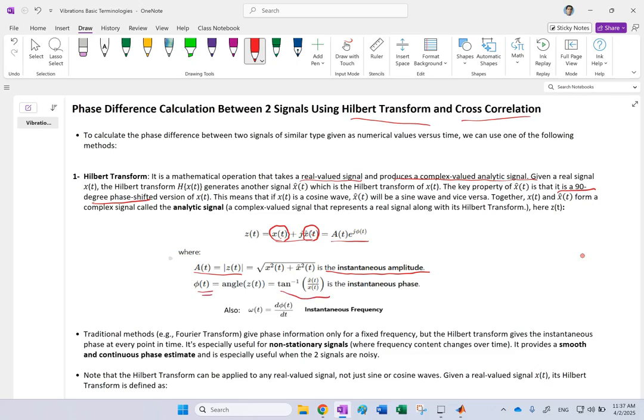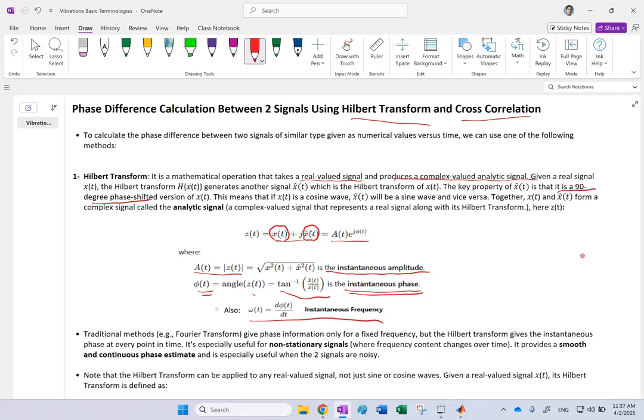That is the instantaneous phase of the signal. Even if you want to find the frequency, let's say this x is a harmonic signal, like a sine or cosine, you can take the time derivative of that phi, and you can even get the instantaneous frequency of the signal.